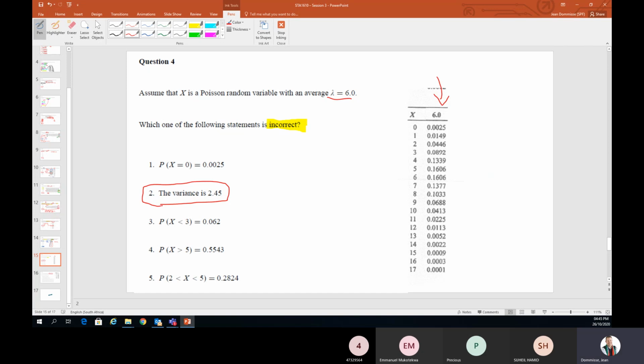The one thing that we know about the Poisson distribution is that the mean and the variance are exactly the same. So if my lambda is 6.0, my variance should be 6.0.